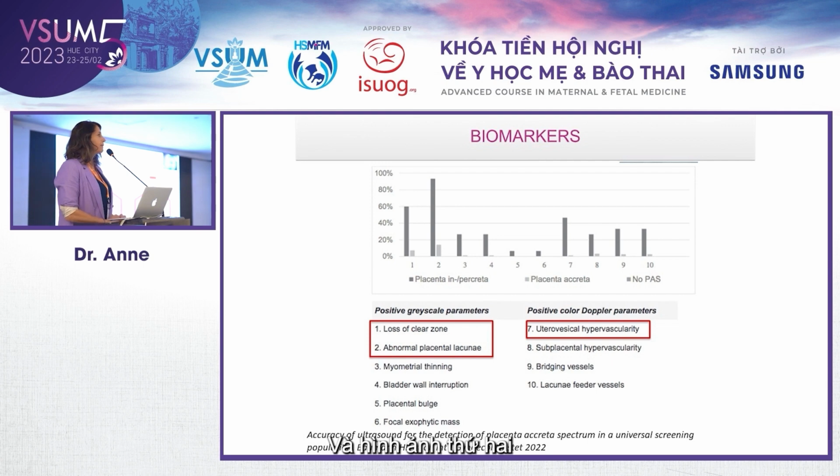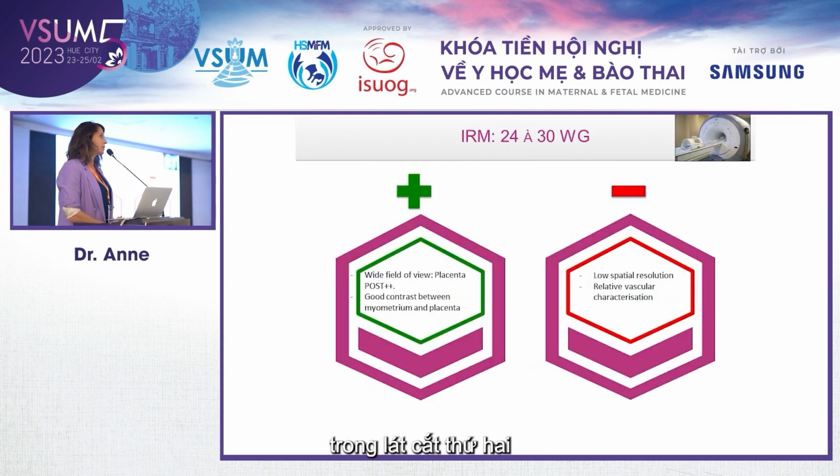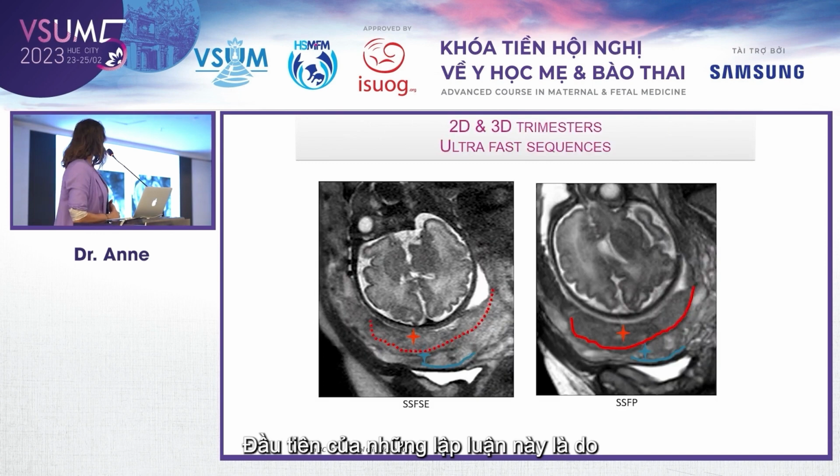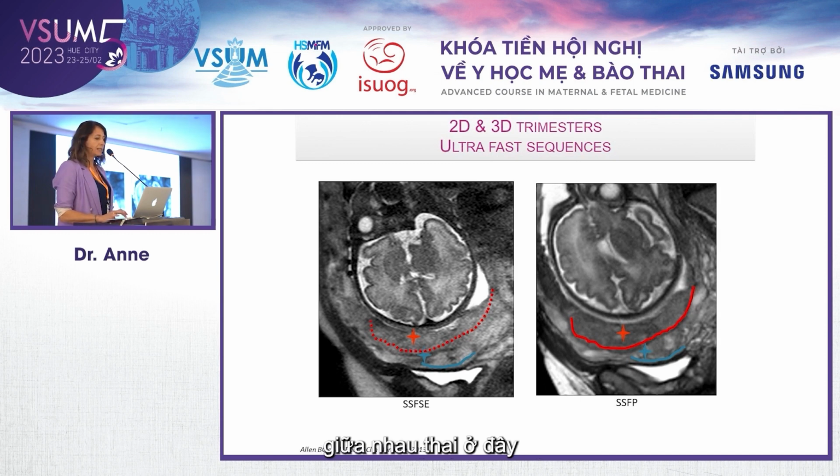And the second imaging, and we'll perform it in the second slide, is MRI. And I know that it's not so easy to have access to MRI, but when it is possible, it could be very useful. The first argument is due to the very good contrast between the placenta here and the myometrium.